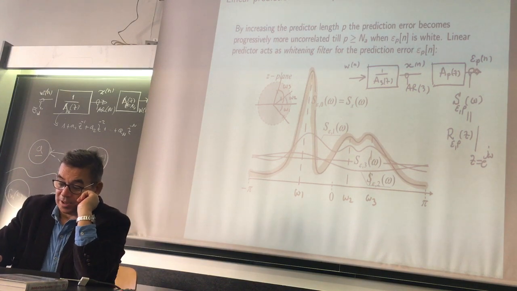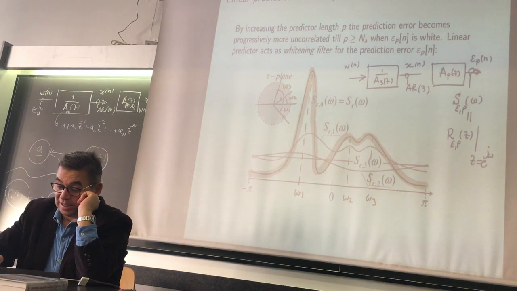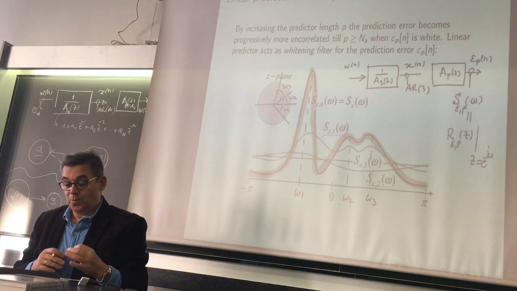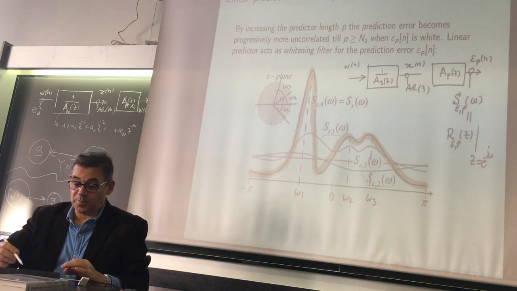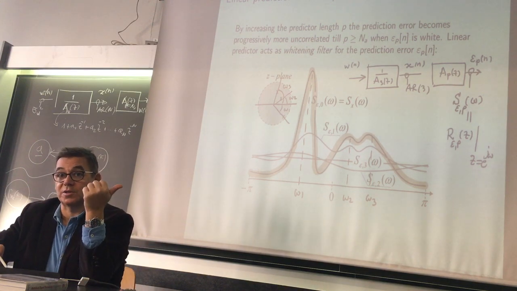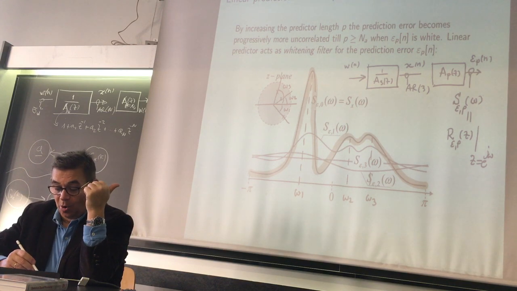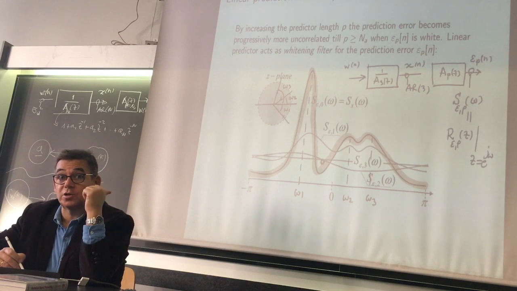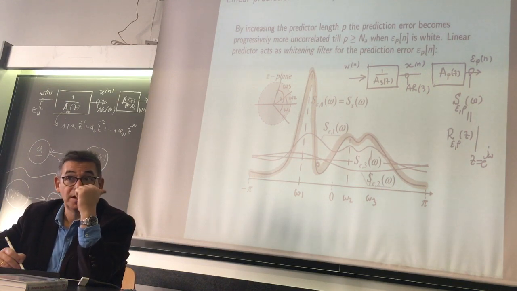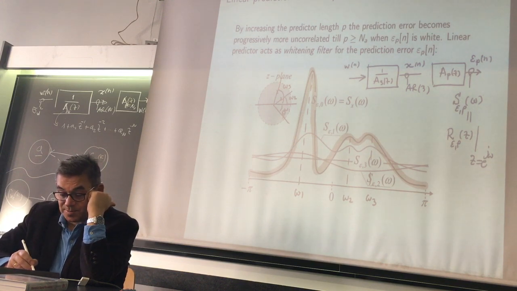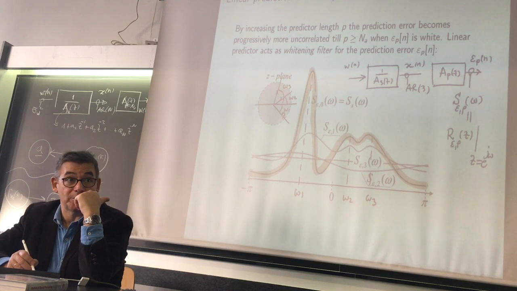Now, what is the power spectral density in case I calculate a linear predictor of order 1? I try to pre-whiten this power spectral density by simply using 1 zero, because this is what I'm doing. I'm trying to compensate these resonances by using 1 zero. So, since you have 1 zero to spend, the algorithm tries to put a zero in order to cancel as much as possible the influence of the dominating pole.